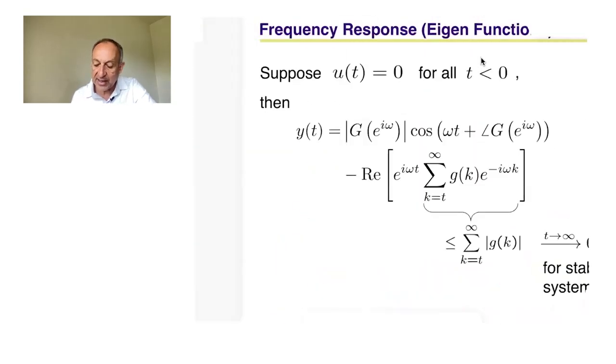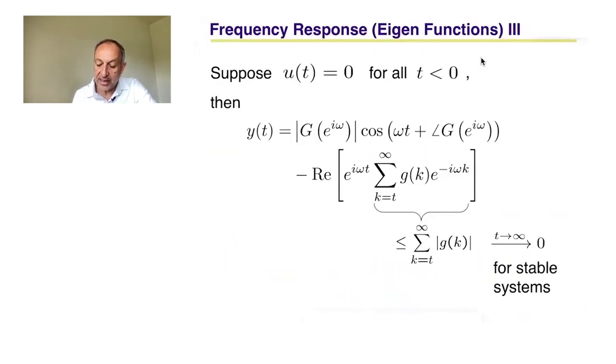That transient is essentially a part that we can ignore, or we can keep, but we don't really worry about it too much. So this transient part goes to 0 as t goes to infinity. This is the expression that I just wrote down.